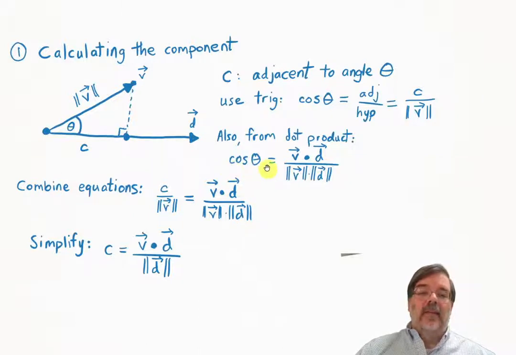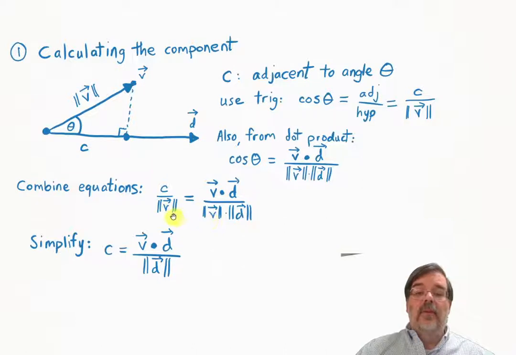But if we have one way of writing cosine theta and another way of writing cosine theta, we could combine those equations. We would get c divided by the length of v is equal to v dot d divided by length of v times length of d. You might notice both of these sides of the equation have something in common.